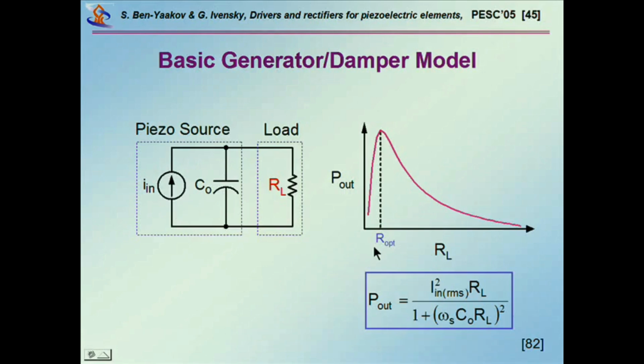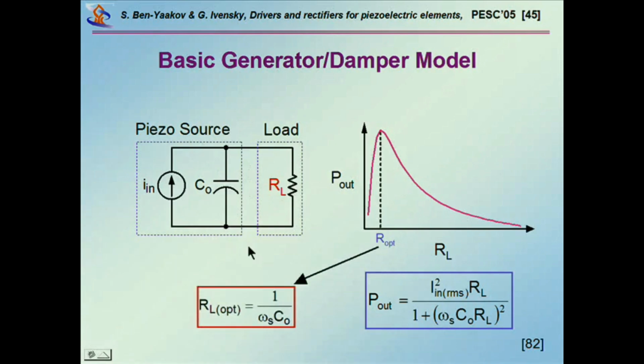And if you look, for example, at the output power that you can get as a function of the load resistance, you'll find that for very low resistances, there's very low power you can get, and then it goes up to an optimum, and then when the resistance is high, most of the current actually goes through the capacitor, and you lose most of the power.